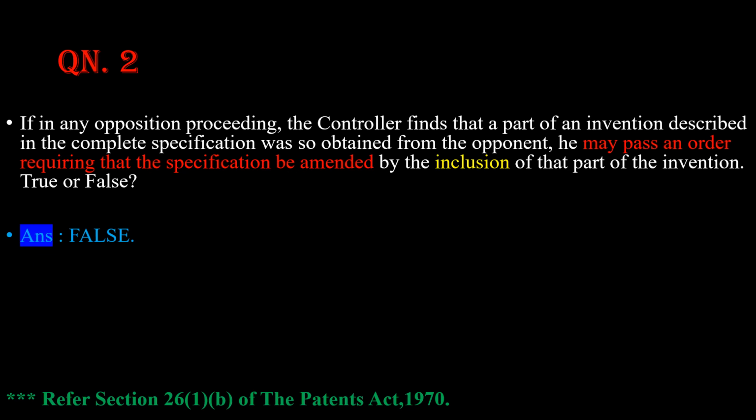Friends, when we observe this statement, it is wrong. That means false. So the answer is false. But this statement can be corrected when we substitute the term inclusion by exclusion.